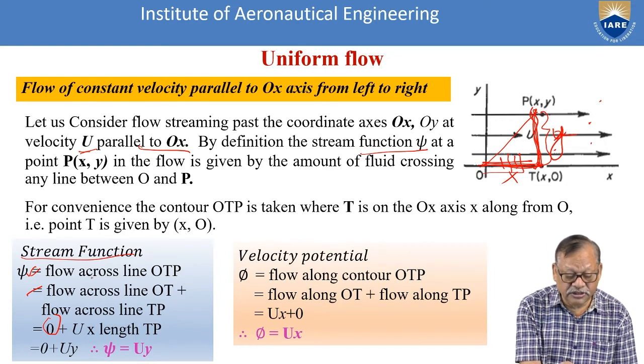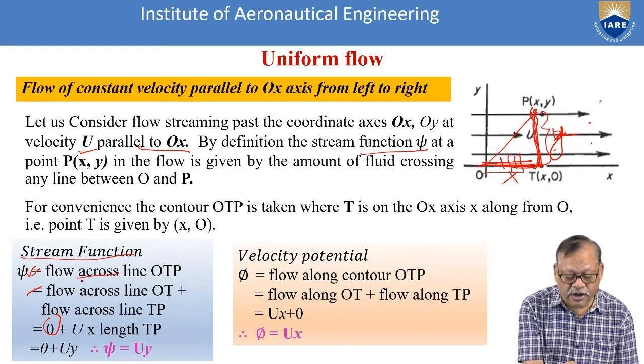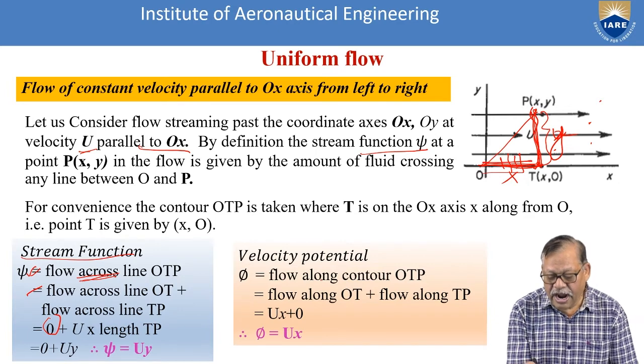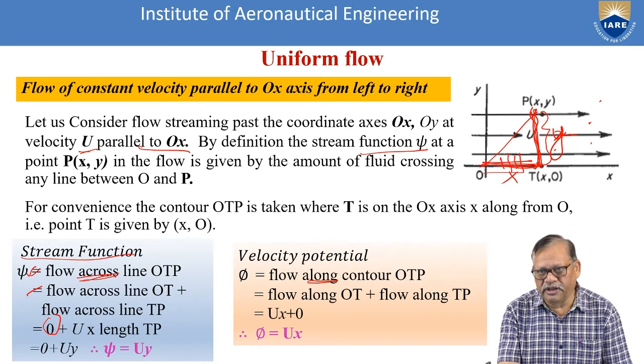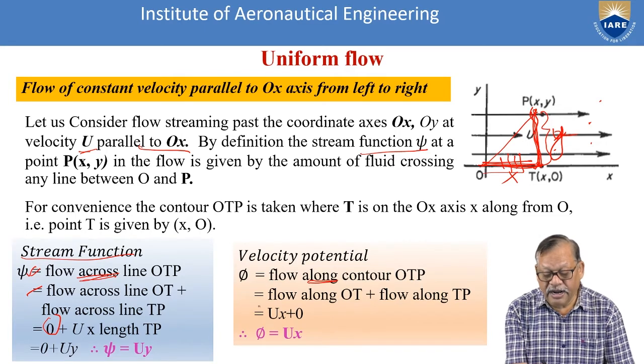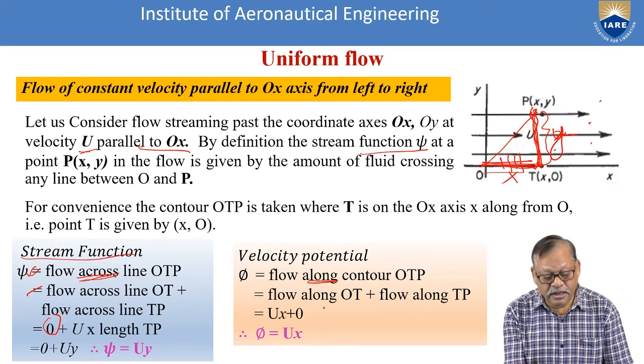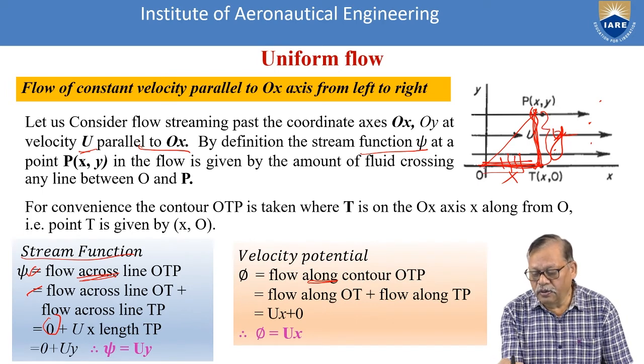This is across. You see that word is very important. Across, and this is along. So this is the difference. You should be very, very careful. The flow along OT and the flow along TP.